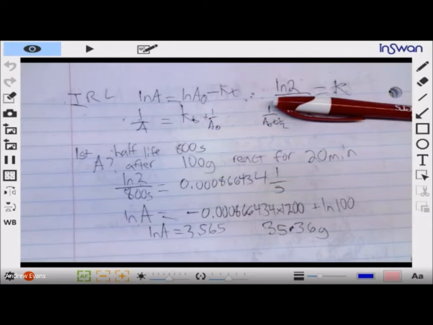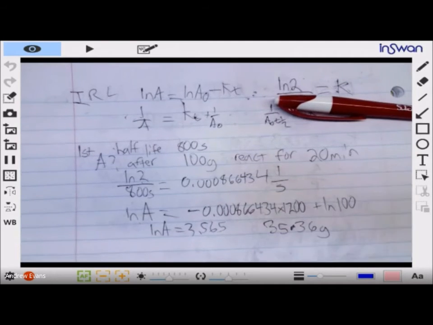Yes. So 35 seems like a reasonable answer. Even if you don't know how to set this up, given a half-life of 800 and 1,200, you know your answer has to be between 50 and 25 if you can reason that part out.